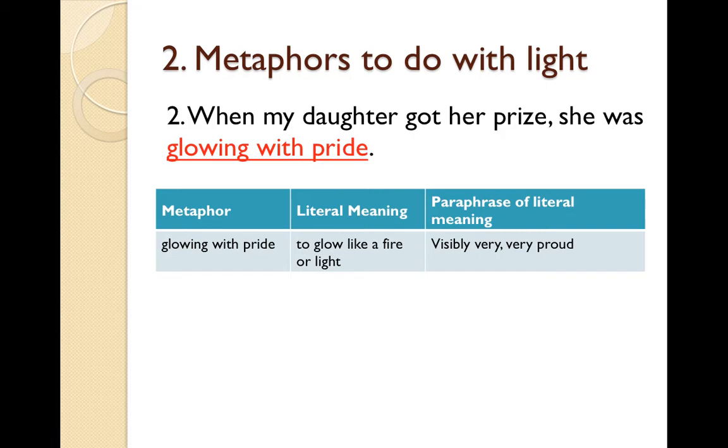So the metaphor glow with pride here, glow like fire, right? The meaning here is that she is visibly very proud. She is proud of herself, right? So she feels very proud of herself when she got a prize.